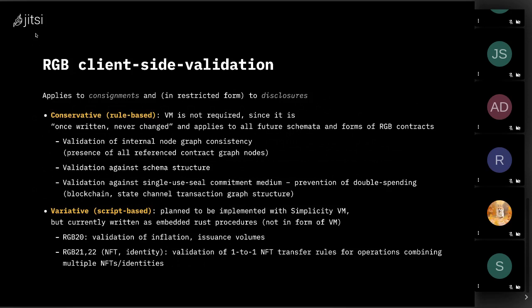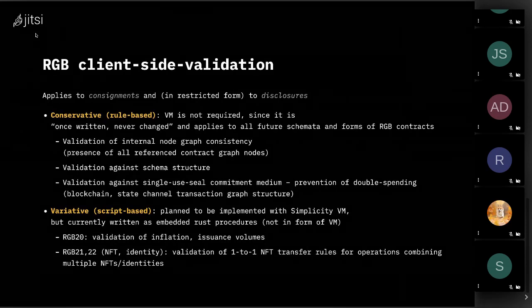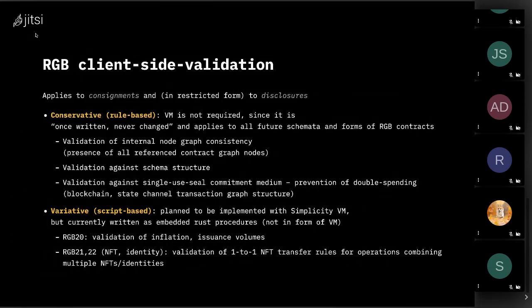Stash is validated whenever you merge a consignment into it. Basically, because you validate the consignment before merging, the state is consistent. So we do not validate the stash, which is a large storage. And second, we are not applying client-side validation to data containers as well. So they are client-side validated.